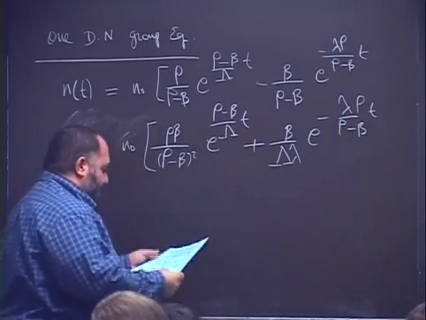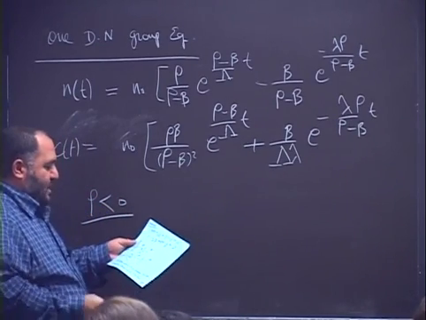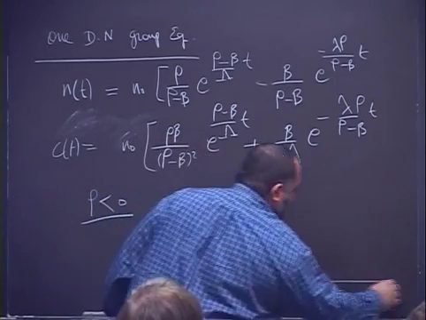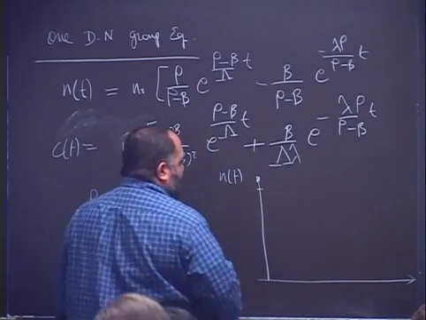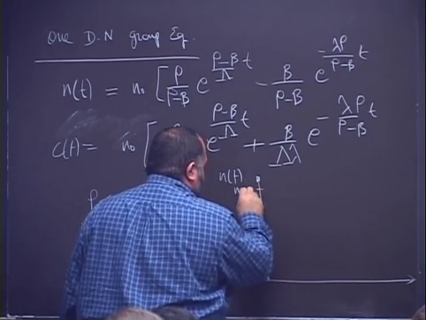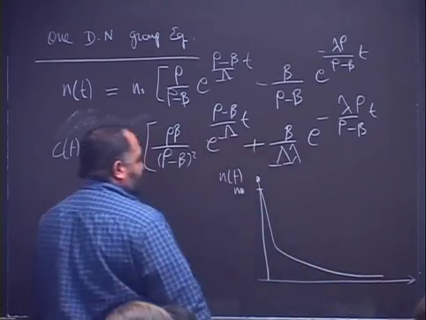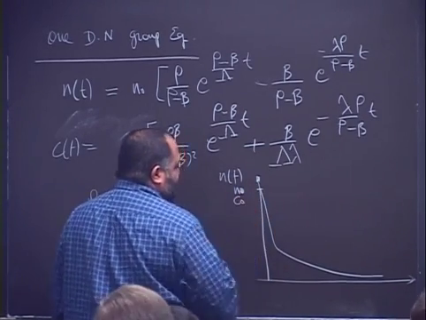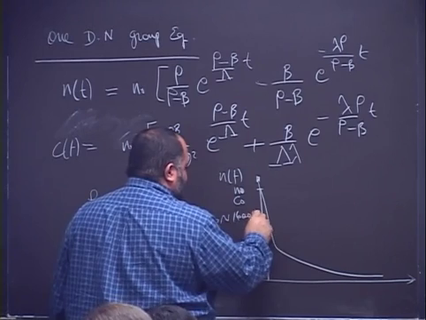So last time we studied the case where rho is less than 0, and I showed to you guys that you will have n of t start with n equal to n naught. Then you will have this prompt drop, then you will have the decay here. And I showed to you that c of t again started at c naught, and c naught is nearly 1600 times n naught.